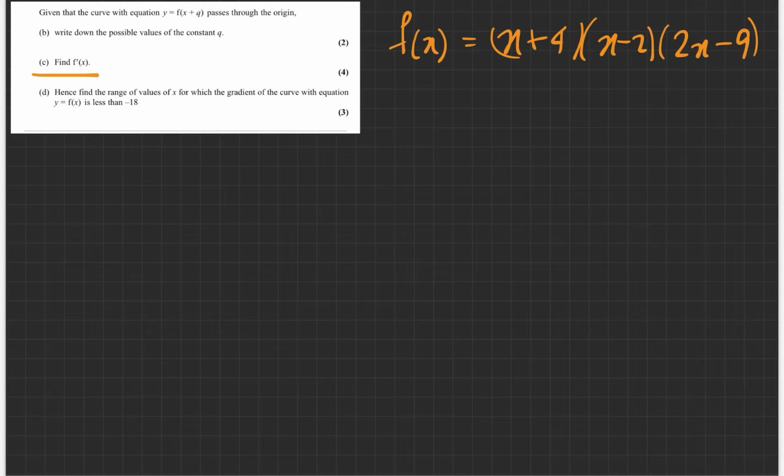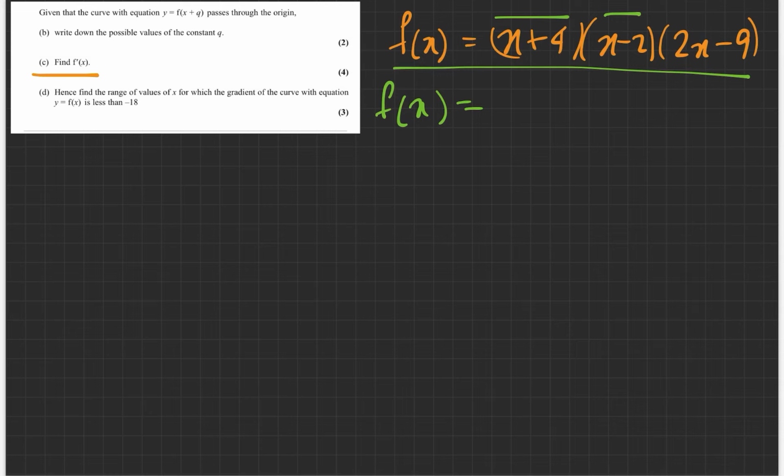But if I look at this equation, it's very hard for us to differentiate. It's not in the form that we are used to, right? We want to make this a little bit simpler. So what we are going to do is expand this equation first, okay? So I'm going to start by expanding these two terms, just x + 4 and x - 2.